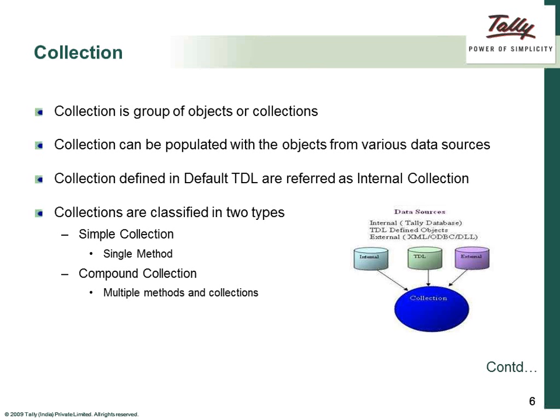Now this collection can be populated from various objects or various data sources. It could be internal, could be hard-coded, or could be from an external source. The ones which are from the internal source are referred to as internal collections. And further, these collections are classified into simple collection and compound collection. 99% of every collection that we have in Tally is a compound collection.